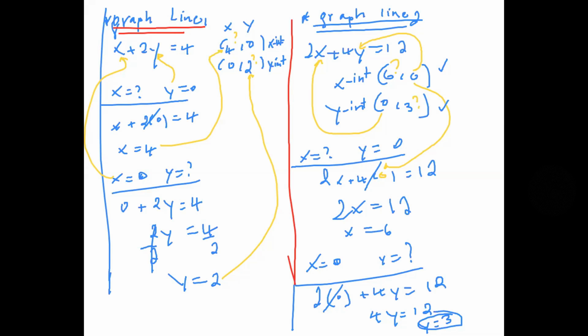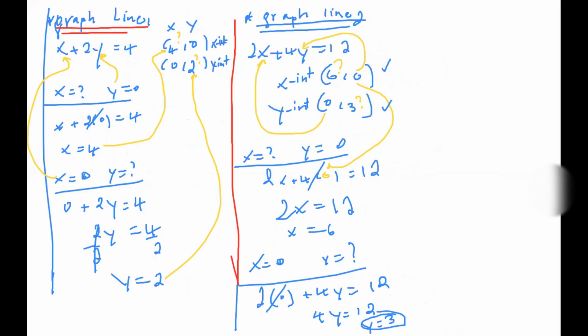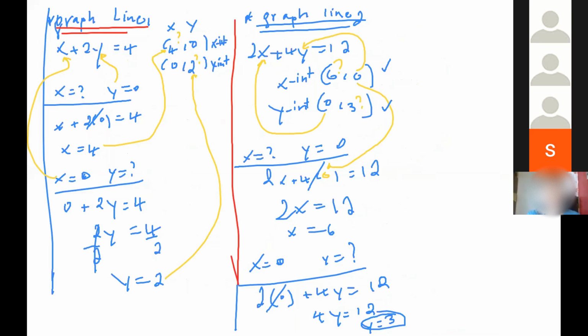Plot it on the graph. That's right, exactly. We're going to plot all these points in a graph, and basically we're going to have 2 lines here.